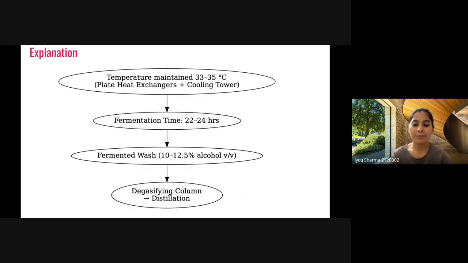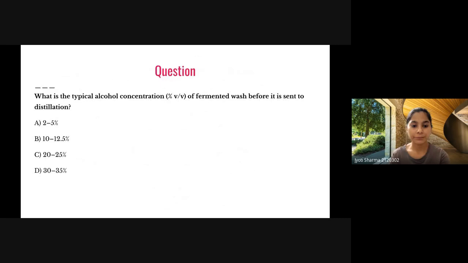This is the next step, you can see. Okay, what is the typical alcohol concentration of fermented wash before it is sent to distillation? 2 to 5%, 10 to 12.5%, 20 to 25%, 30 to 35%. Before it is sent to distillation, what is the concentration of alcohol that we got?